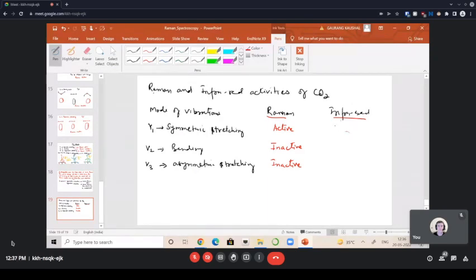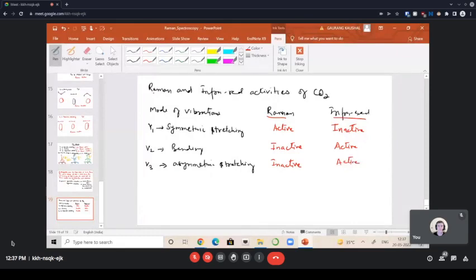What we have seen in the vibration spectrum is that there must be a change in the dipole moment during the interaction of light with that vibration. If there is a symmetric stretching, the dipole moment is not going to change, so this will be infrared inactive and this mode will not be observed in the infrared spectrum. The bending mode is infrared active, and asymmetric stretching is also active.